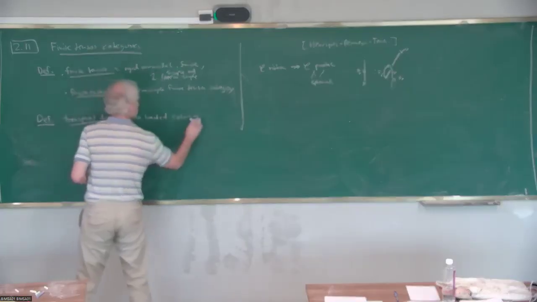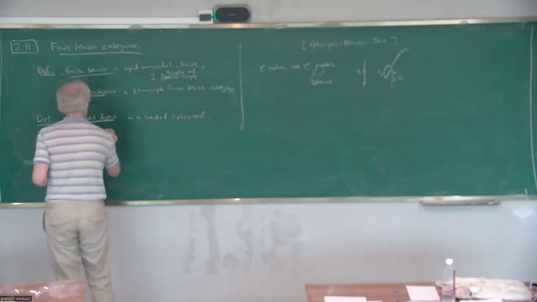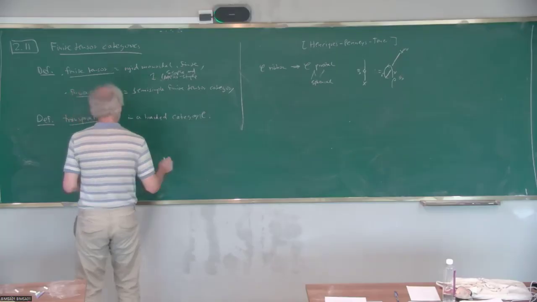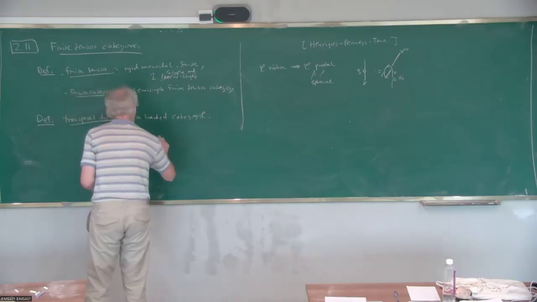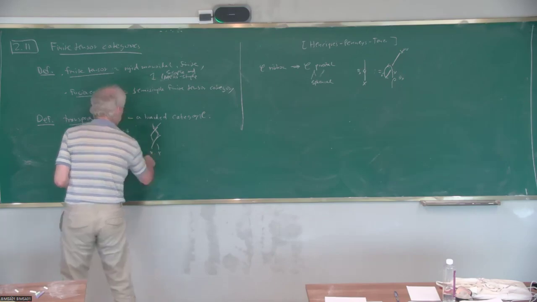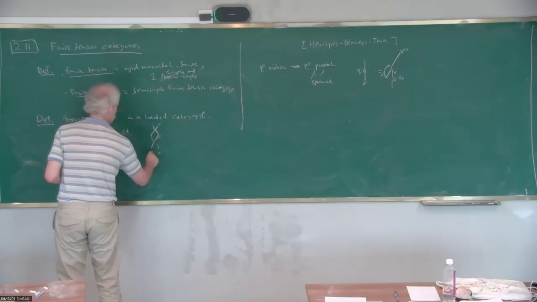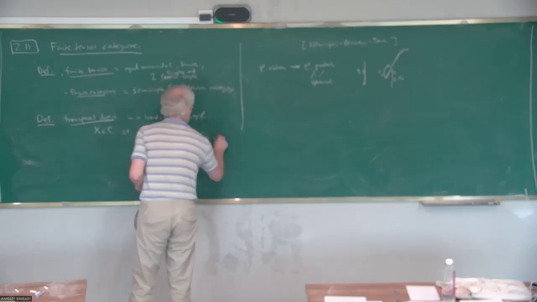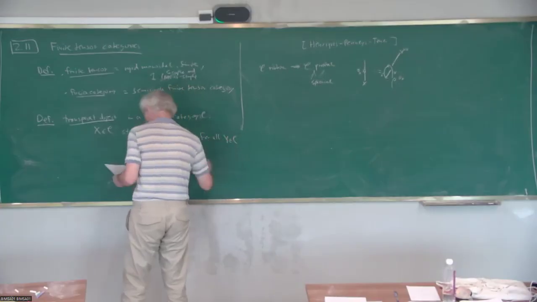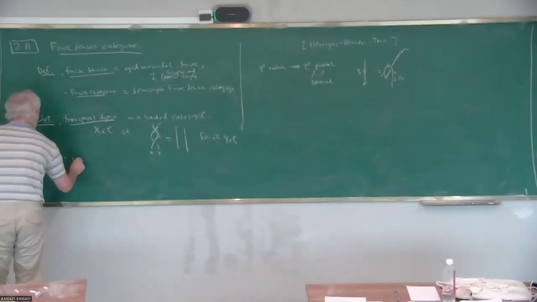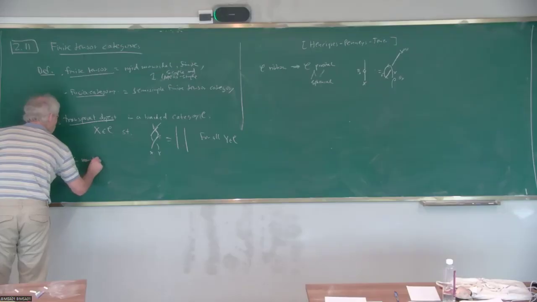This is an object X such that, let me just do it graphically, the double braiding, so C_{Y,X} after C_{X,Y}, is the same as the identity for all Y.